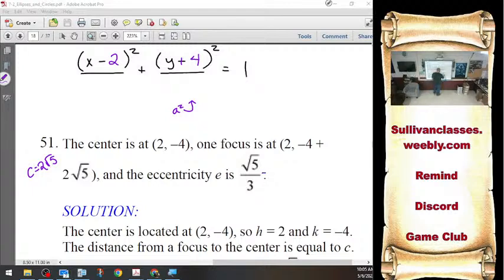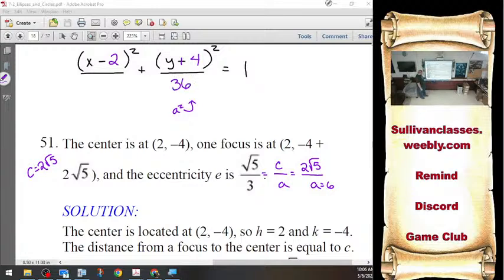But square root of 5 over 3 is c over a. So if that's 2 root of 5 over a, cross multiply and divide, right? A is 6. If a is 6, a squared is 36.